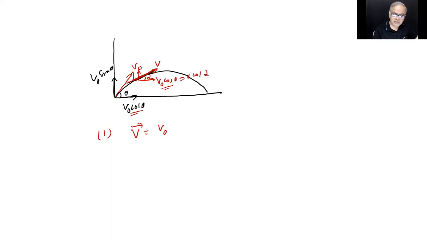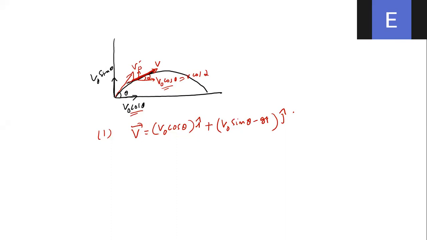V0 cos theta I cap plus, now what will be this component? V0 sin theta minus gt J cap. Is it okay? And second, position.